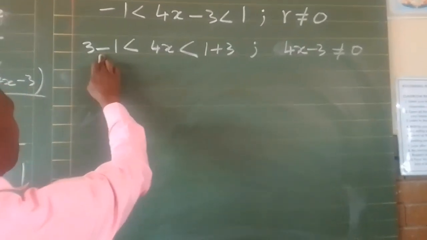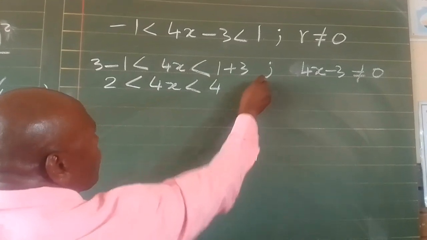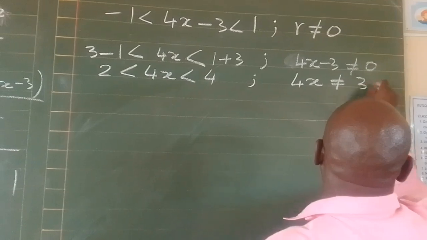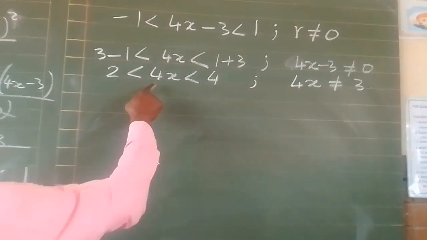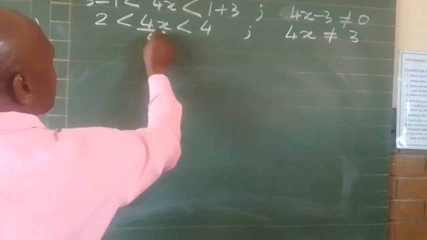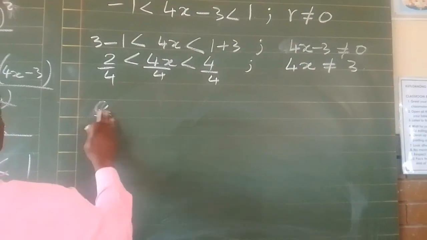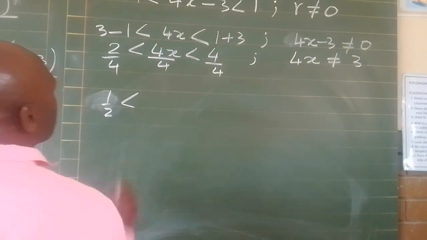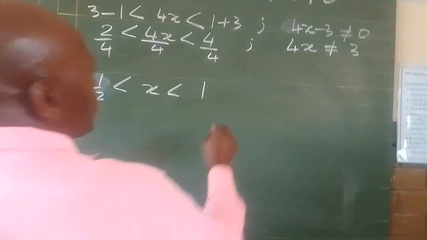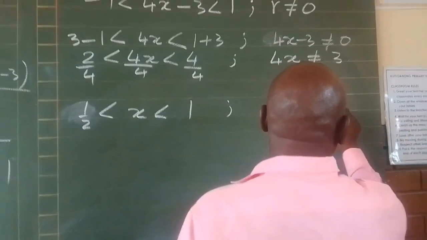We take 3 minus 1, it's 2, it's less than 4x, it's less than 4, of which 4x must not be equal to 3. You divide here by 4, you divide here by 4, you get 2 over 4, which is 1 over 2, is less than x is less than 1, of which x must never be equal to 3 over 4.